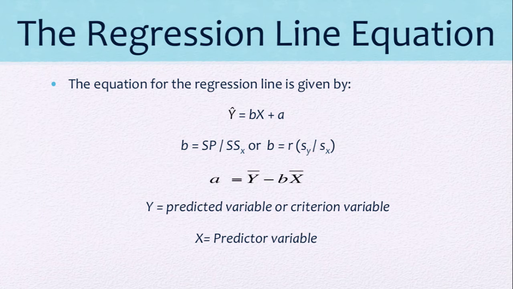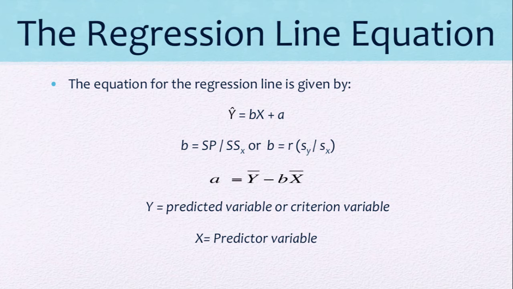And so the equation for the regression line is y hat equals bx plus a, where b is equal to the sum of products divided by the sum of squares of x, or an alternative equation for b is r, the correlation coefficient, multiplied by the ratio of the standard deviation of y divided by the standard deviation of x.